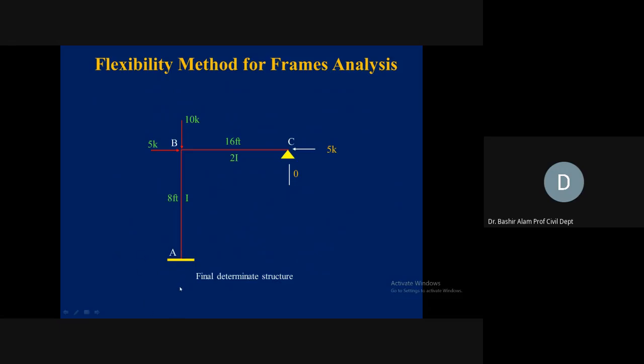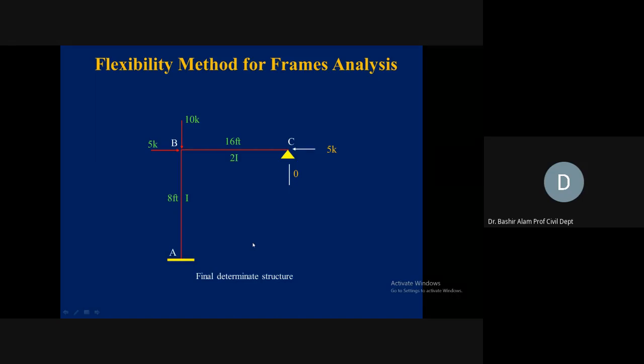What about the moment now? 5 times 8 minus 5 times 8 means these horizontal components' moments are cancelled by each other. This 10 kip is not causing any moment because it is passing through point A. 0 times distance is 0, so the resisting moment at A is going to be 0.